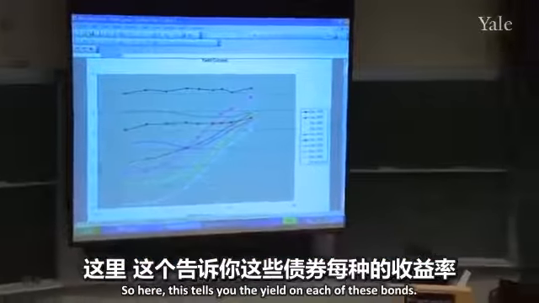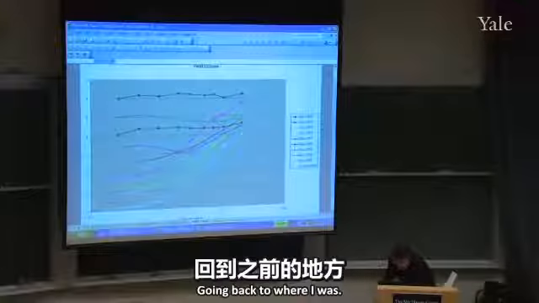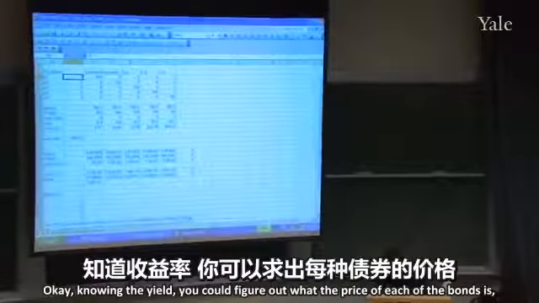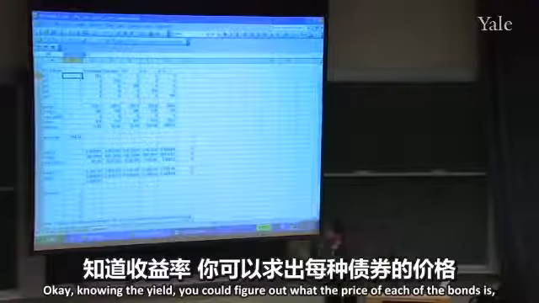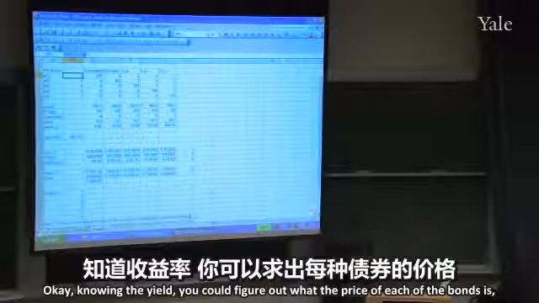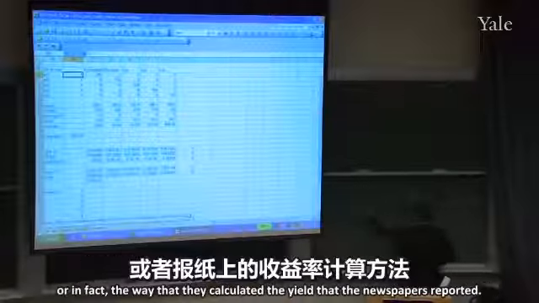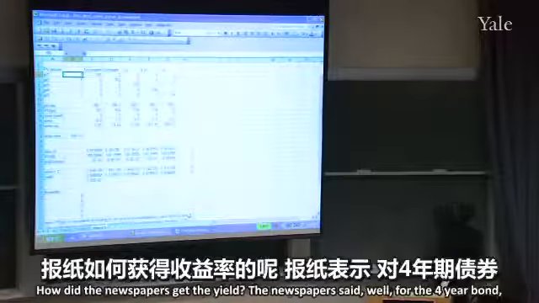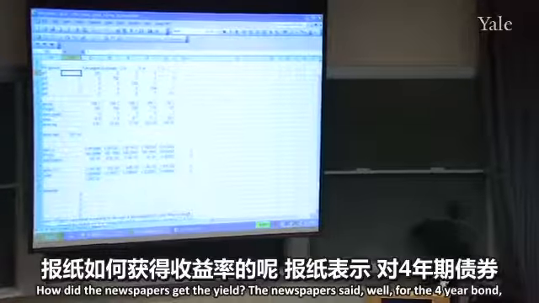Knowing the yield, you could figure out what the price of each of the bonds is. In fact, how did the newspapers get the yield?